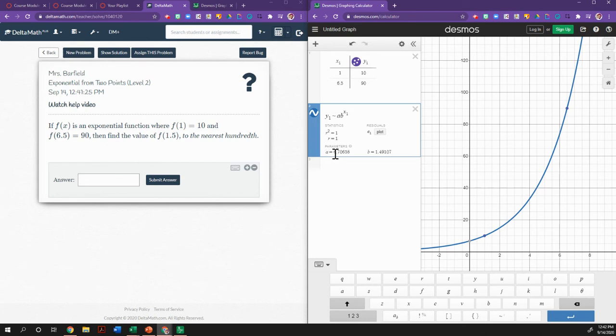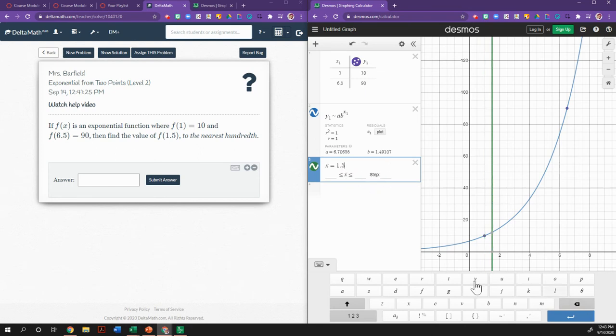A equals 6.70658, b equals 1.49107. It wants to know what happens when x equals 1.5. So x equals 1.5. Okay, and it didn't do what I needed to, so x equals 1.5.